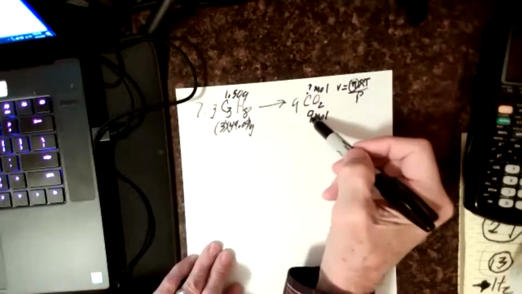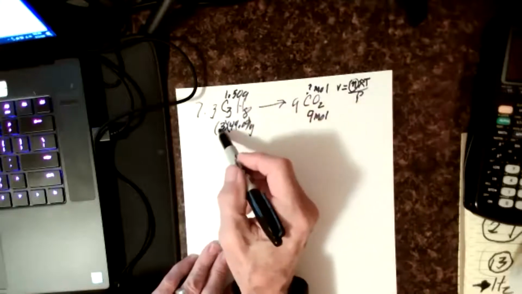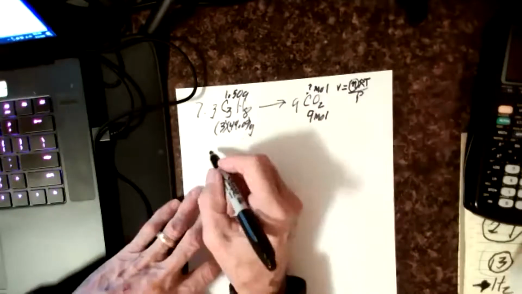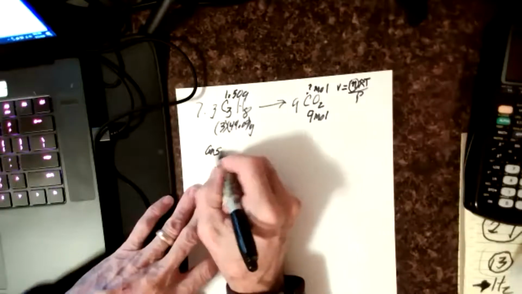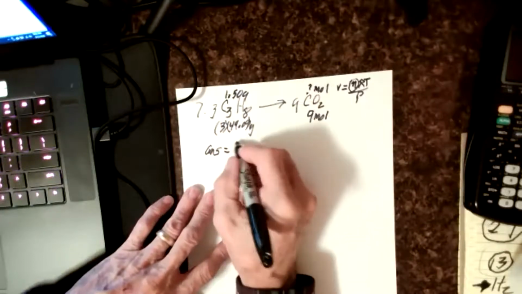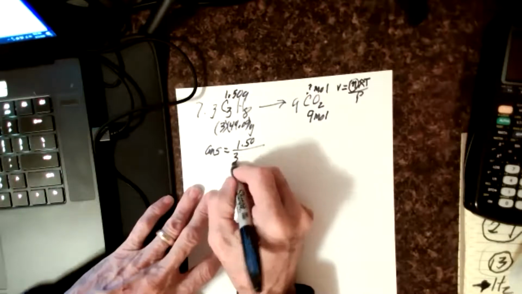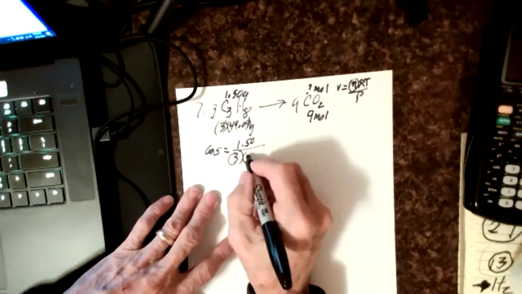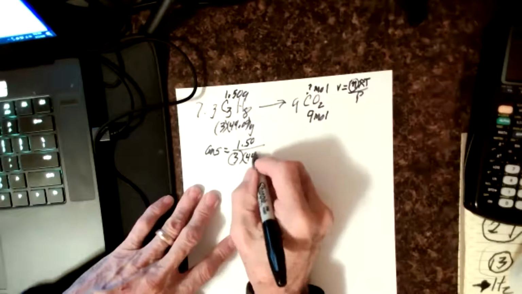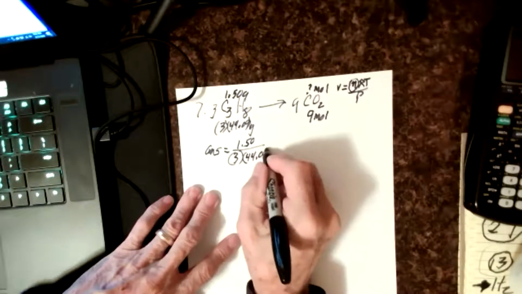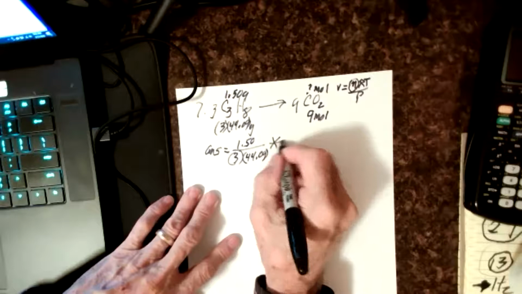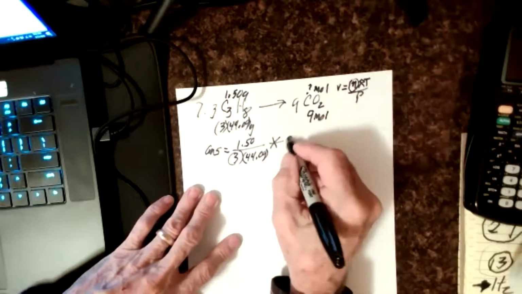The equation is showing 9 moles. This is in grams, the equation is showing that much. So my answer is going to be equal to the 1.50, divide by 3, and divide by 44.09, multiplied by what I'm doing over here, 9 moles.